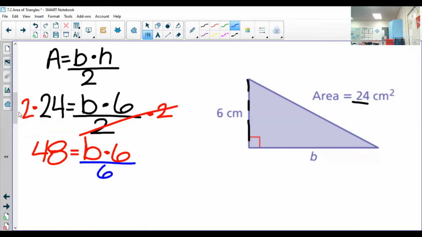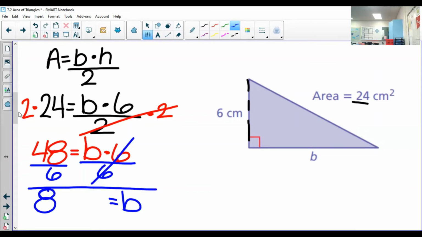Divide by 6 and divide by 6. Okay? My 6's are going to cancel. So B equals 48 divided by 6. If you're not sure, you could double check. But I know that that is 8. And my label here is centimeters. So my base is 8 centimeters.